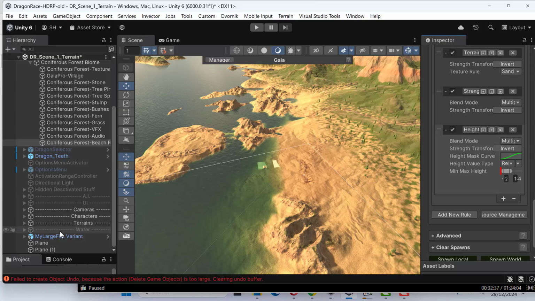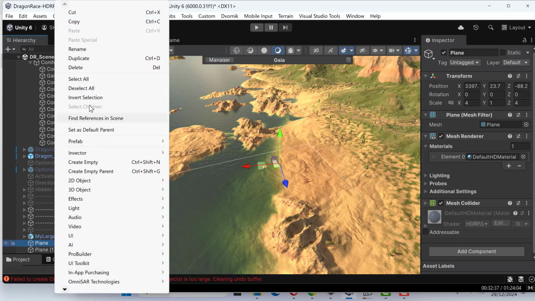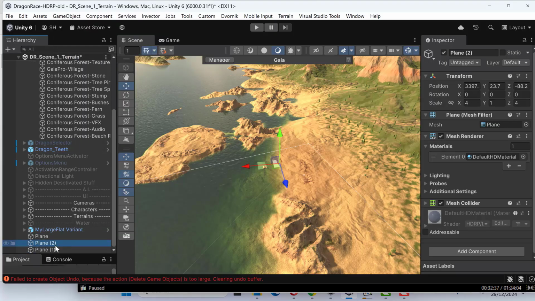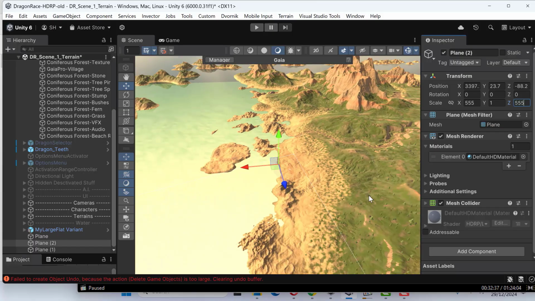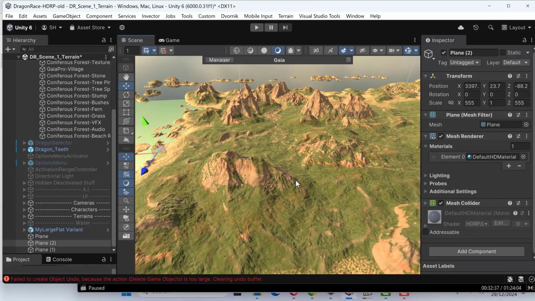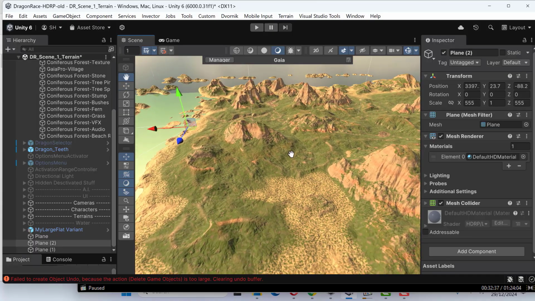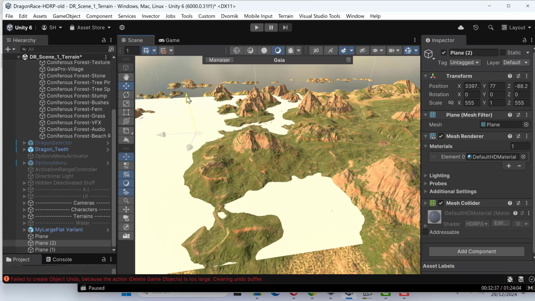Let's take that plane, duplicate that plane. I don't think we'll need it now though. There's just one particular spot, I think that's it here, that I want to make sure gets included.